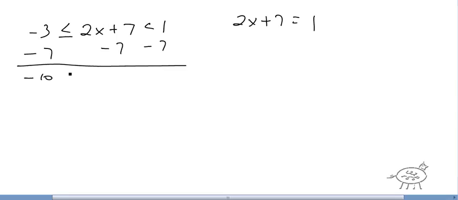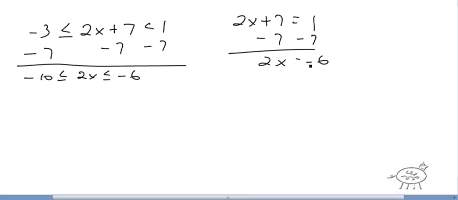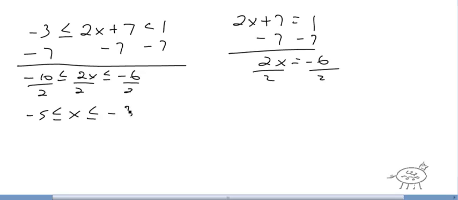So you get negative 10 less than or equal to 2x less than or equal to negative 6. In your last step then, just like this one, I subtract 7. So you get 2x is equal to negative 6. You're going to divide both sides by 2. So I'm going to divide all 3 sides by 2. So you get negative 5 less than or equal to x less than or equal to negative 3.